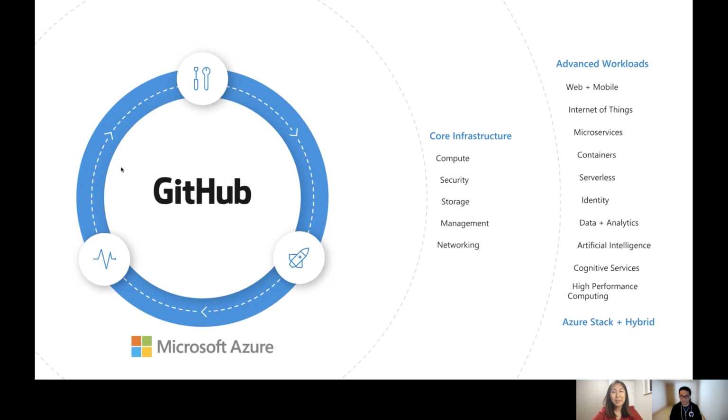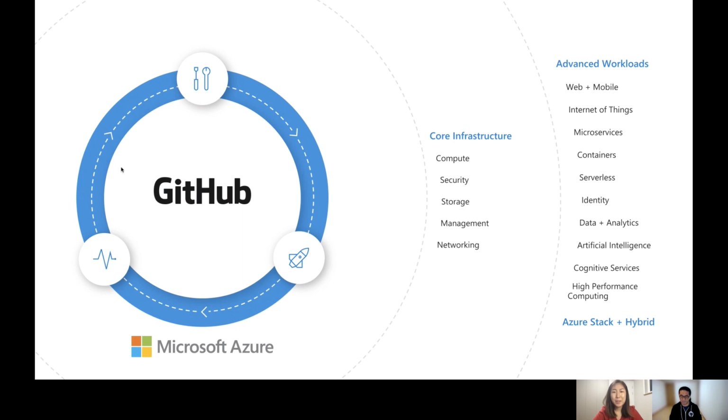Not only do you get the most productive developer and DevOps tools and platforms with GitHub and Microsoft Azure, but because these are integrated with Microsoft Azure, you can deploy to and take advantage of more than 100 services that we have for your use. This is not a complete listing of all services, but highlights some of the key and main areas that you can utilize to accelerate your innovation.